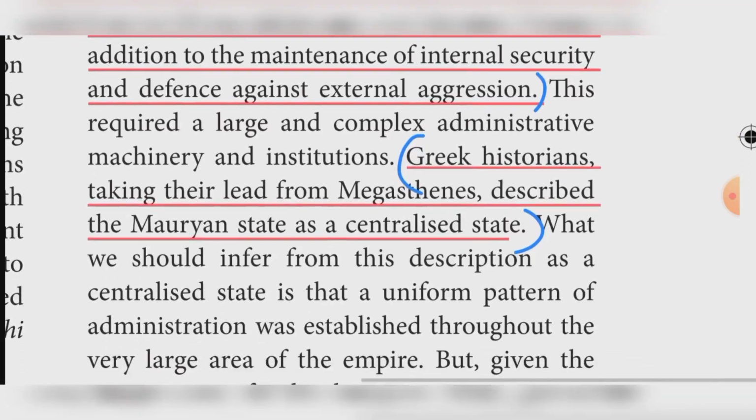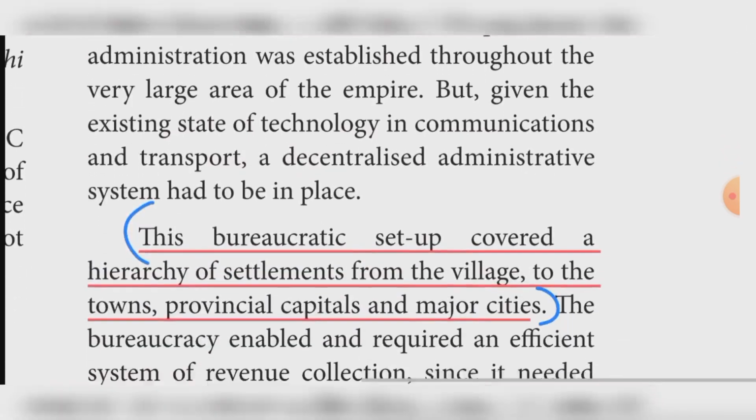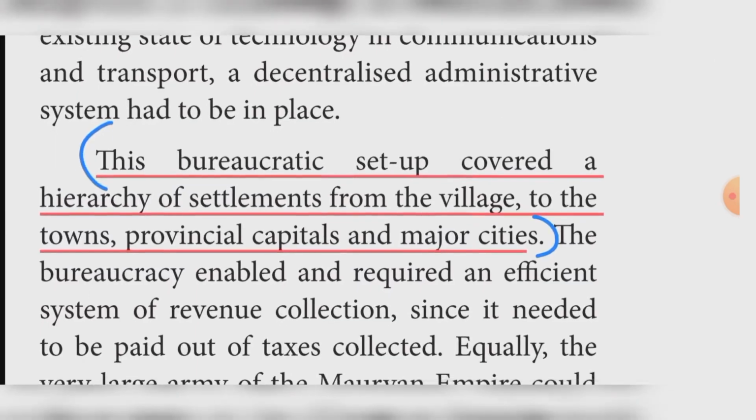Next point, Greek historians taking their lead from Megasthenes described the Mauryan state as a centralized state. Next point, the bureaucratic setup covered a hierarchy of settlements from the village to the towns, provincial capitals and major cities.